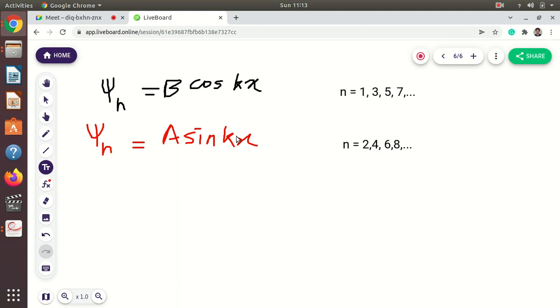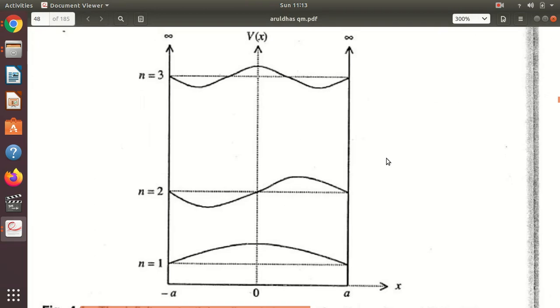So if we have to draw, I will not draw here, I will show you the drawings. You can see here is the origin 0, here is minus a, here is plus a. When n is odd, the function is even. Why are we calling this even? Because from the left of the origin and the right of the origin, the function looks the same.